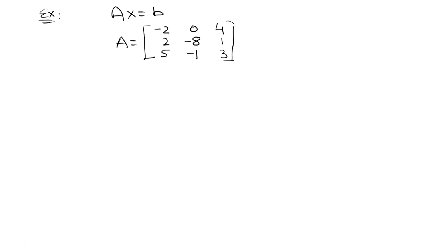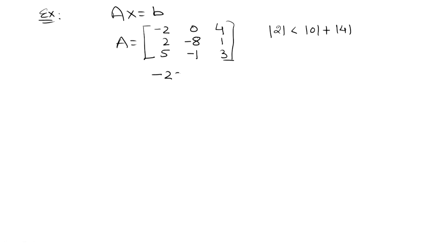If you see this matrix, in the first row the diagonal entry, which is 2 in absolute value, is less than 0 plus 4. So, this matrix is not diagonally dominant in this form.